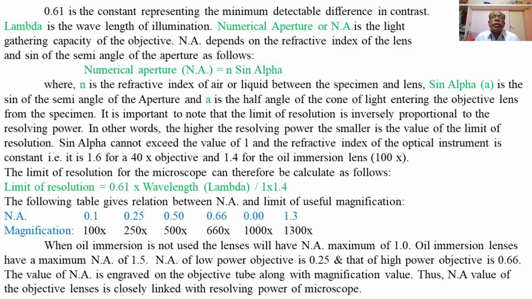Numerical aperture is equal to n sine alpha, where n is the refractive index of the air or liquid between the specimen and the lens, and sine alpha is the sine of the semi-angle of the aperture, where alpha is the half angle of the cone of light entering the objective lens from the specimen.